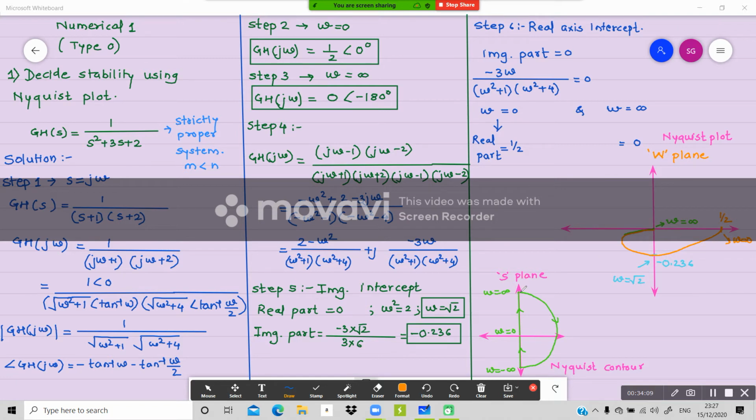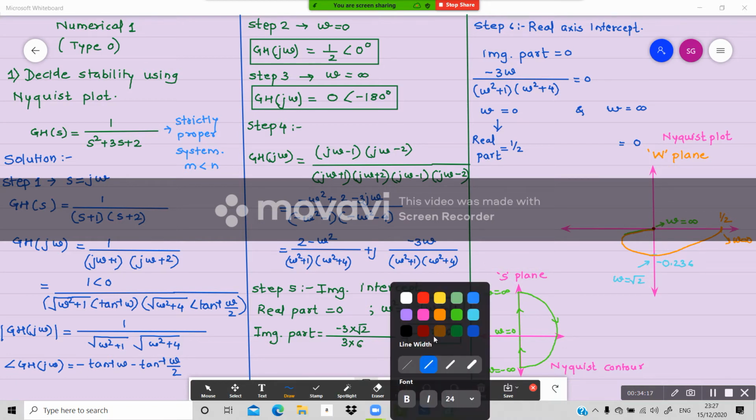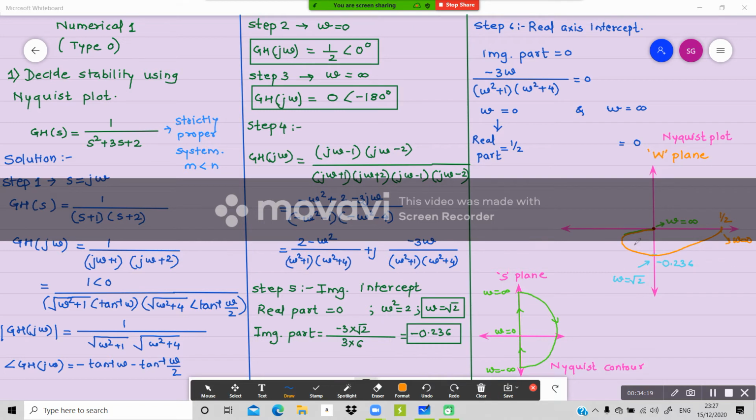Then when you reach over here, all these points are getting mapped into a single point. I'll put one point over here, correct? And the rest, this part will be the mirror image of this. So definitely I would like to draw it like this, and you know that this is the mirror image of this, that means this point is 0.236 plus.